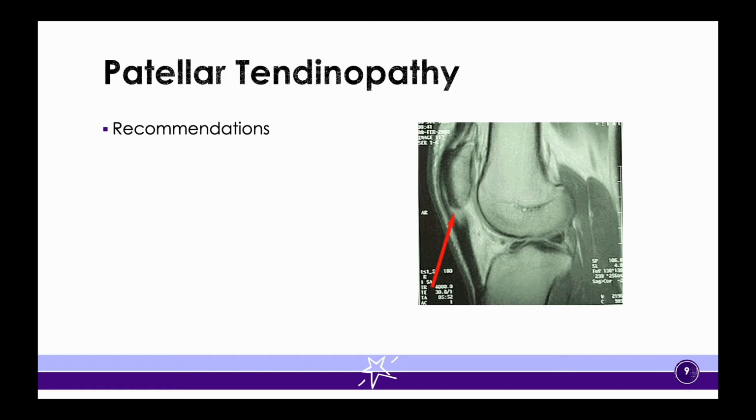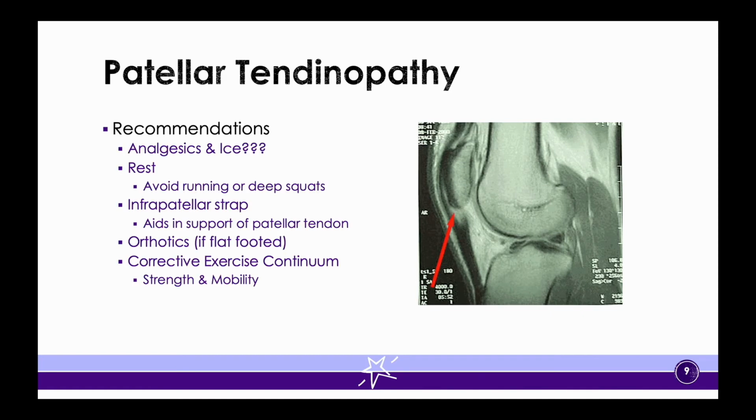As far as recommendations, so what if you were to go to the doctor, what is it that you're going to be recommended as far as trying to treat the patellar tendinopathy? Well, if you refer back to our inflammation lessons, as far as using non-steroidal anti-inflammatory drugs or analgesics and ice, there is conflicting information on whether we should be using those.